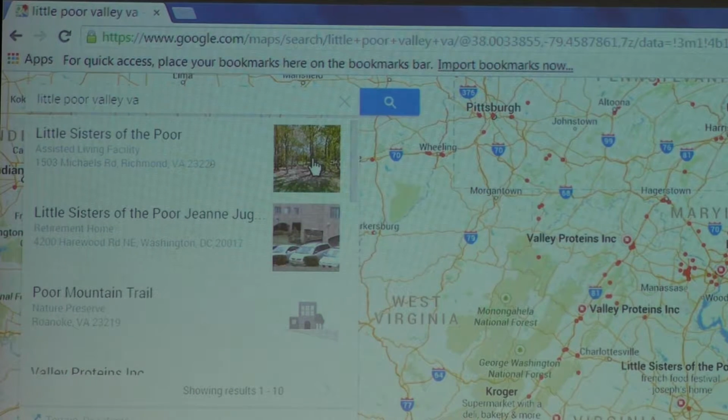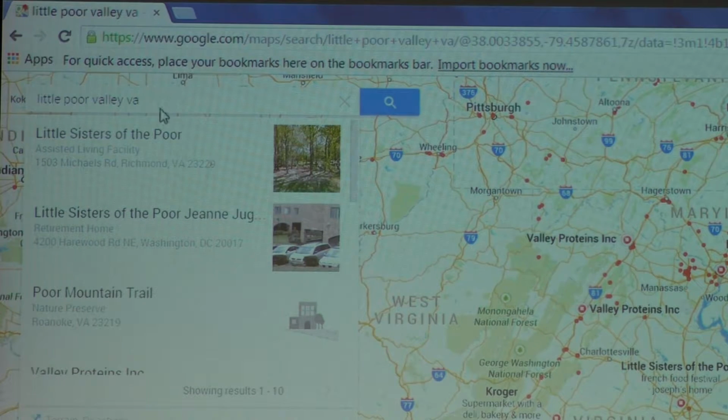Okay, so now where do we go from here? There's plenty of places in Tennessee, but apparently Little Poor Valley. The one in Hawkins County, Tennessee, was one of the ones that came up there. That's the same valley. It runs across the state line. Oh, okay, so it's the same place.